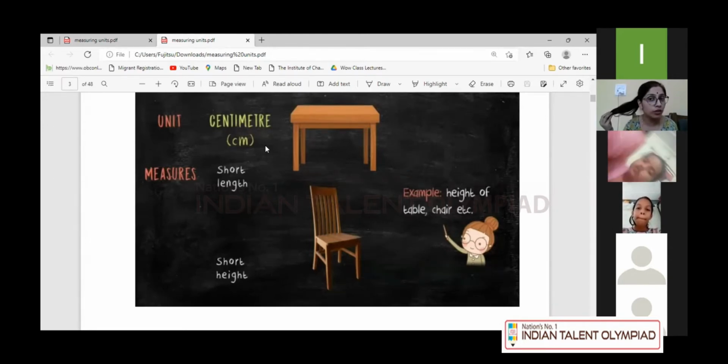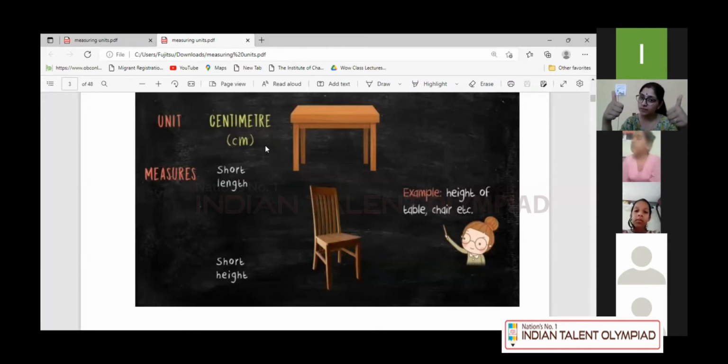What will you do? We will use centimeter. With this measuring tape we measure it like this. So for a short height or short length, we will use centimeter. Understood? Okay.